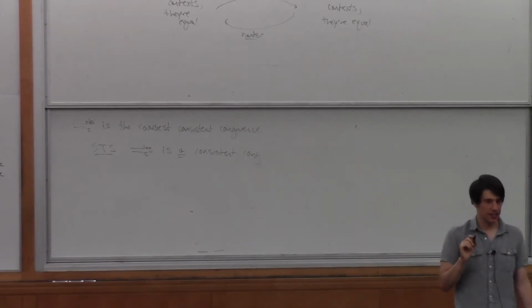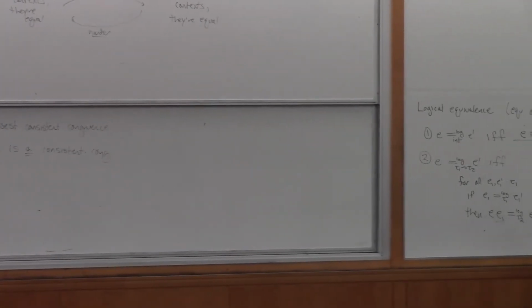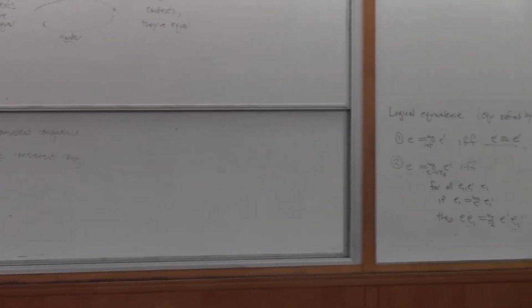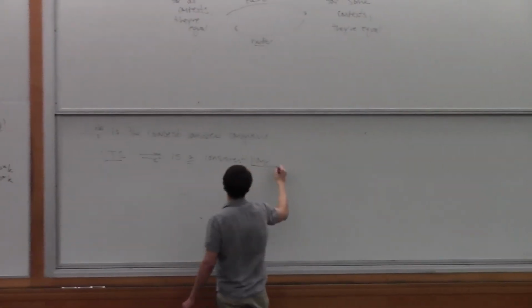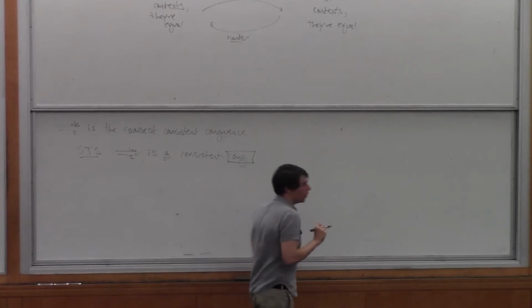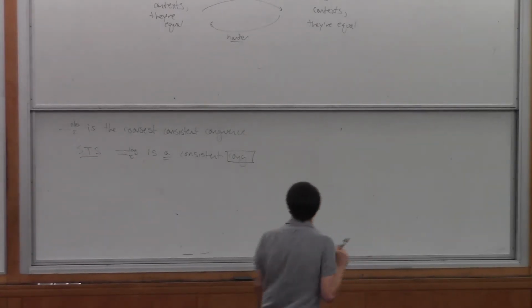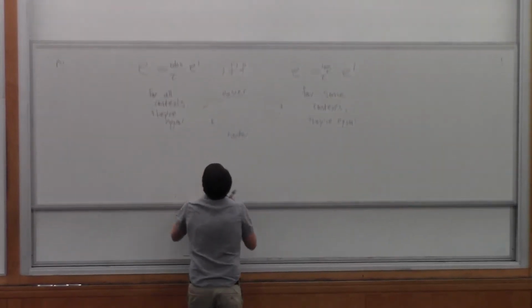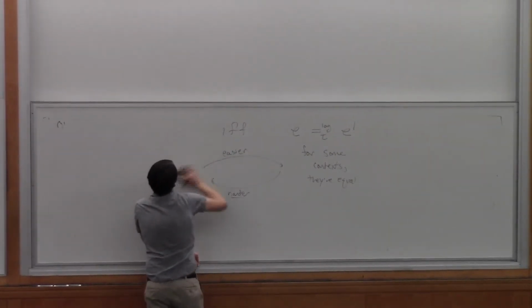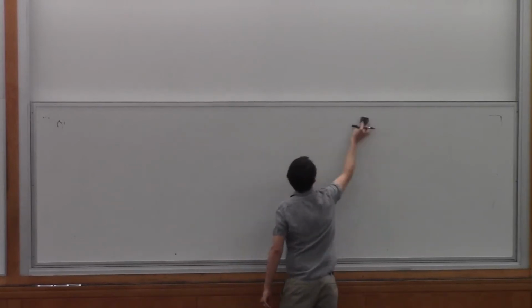Is it consistent? We basically rigged it to be consistent by choosing that as the definition at int. So what we really have to worry about is that logical equivalence is a congruence. OK? So how do we show that logical equivalence is a congruence?